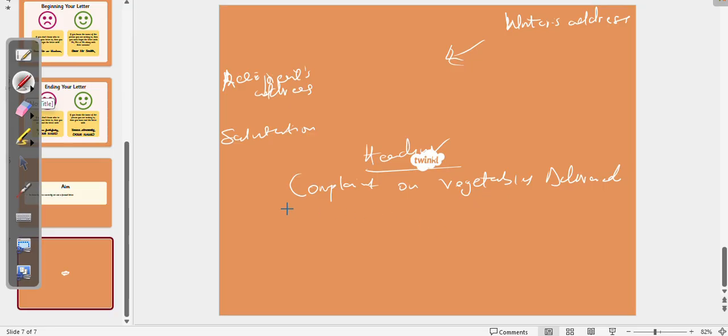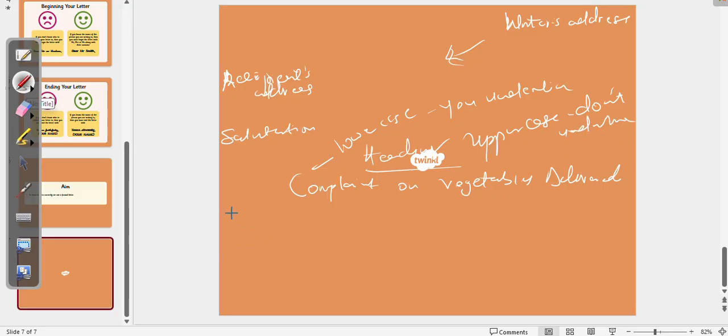So one thing you should notice: when it's in lowercase, you underline. When it is in uppercase, that is capital letters, you don't underline.